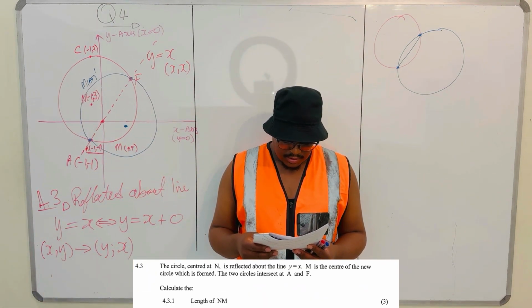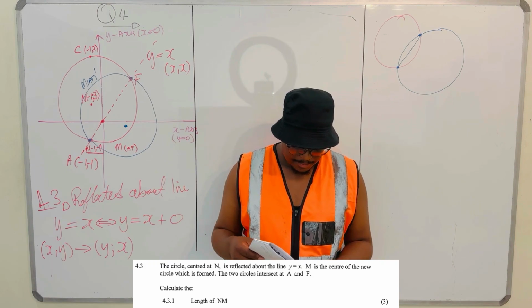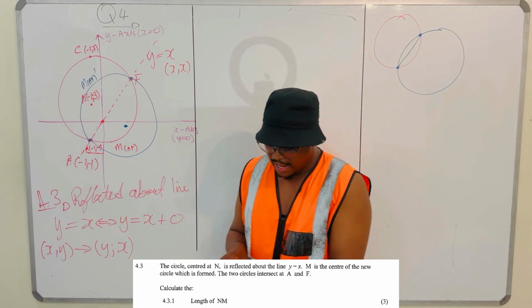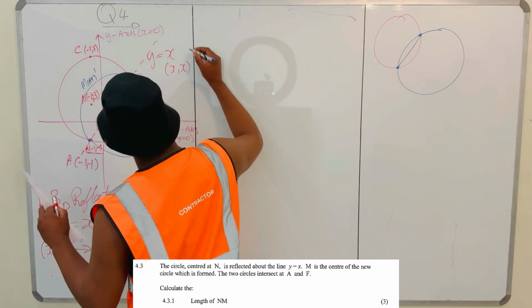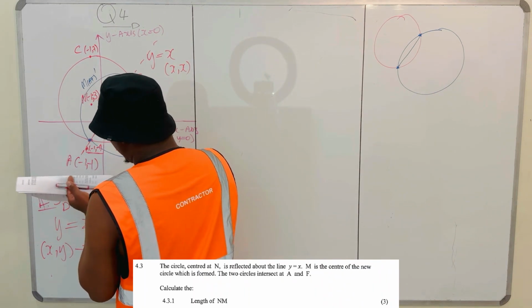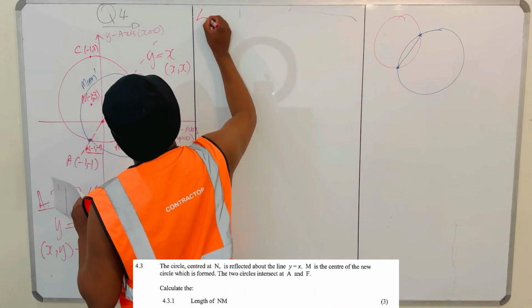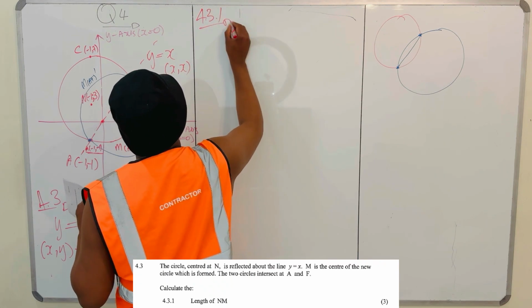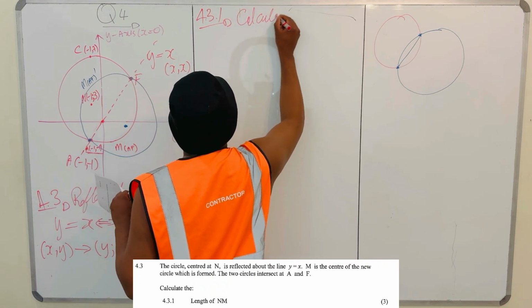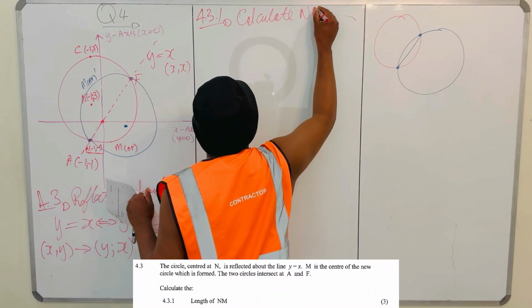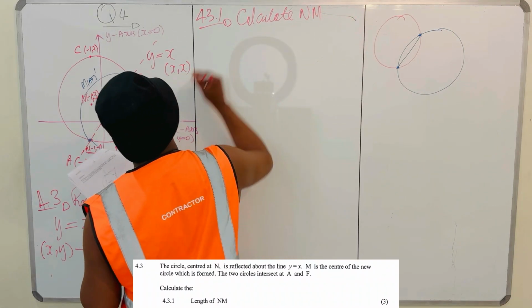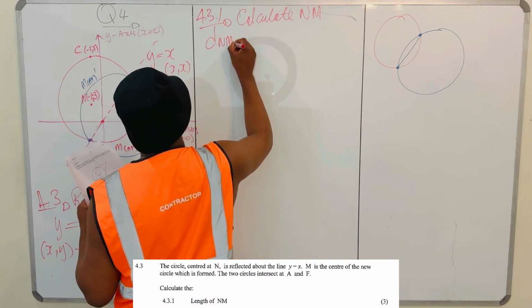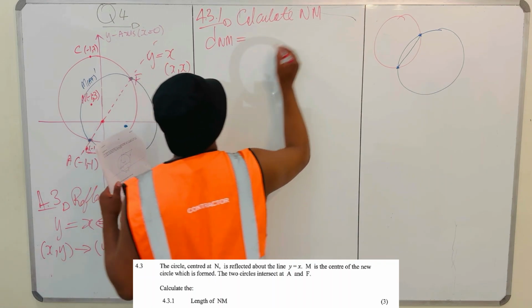4.3.1. Calculate the length NM. So the distance NM is equal to what?